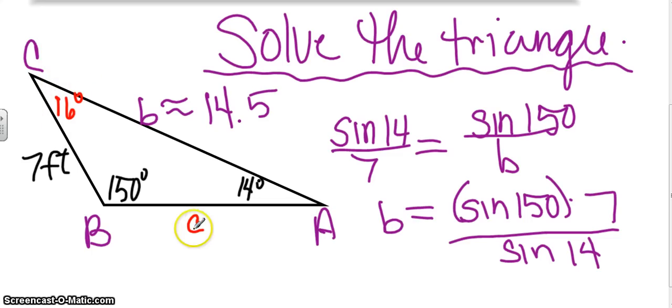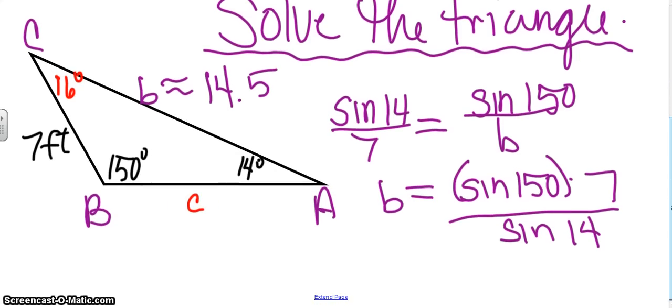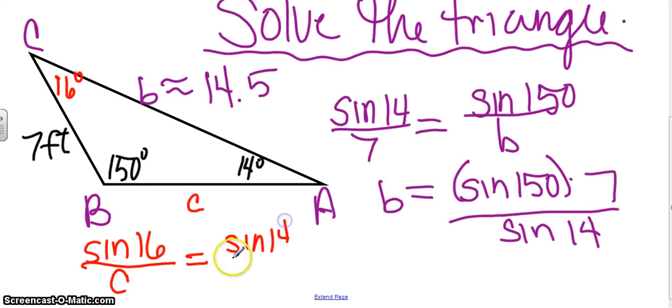Now, to find this length C, all I want to do is a law of sines again. So I'm going to say sine C, which is sine 16 degrees, over this C that I'm trying to find, this length, is equal to sine 14 over 7.